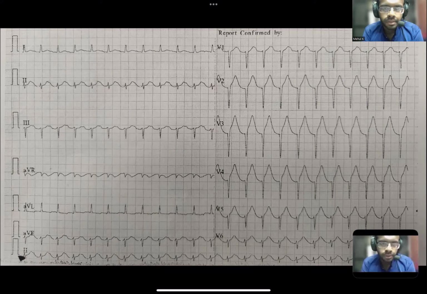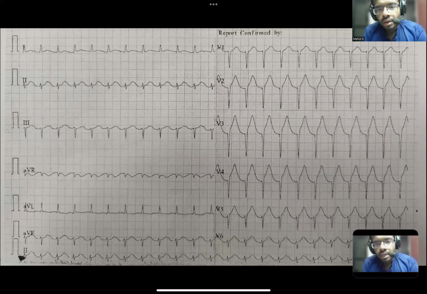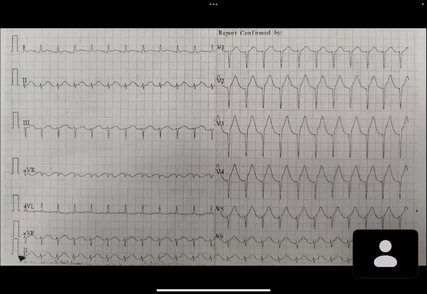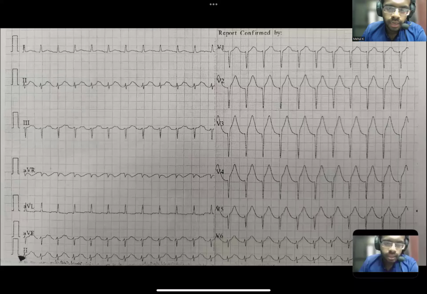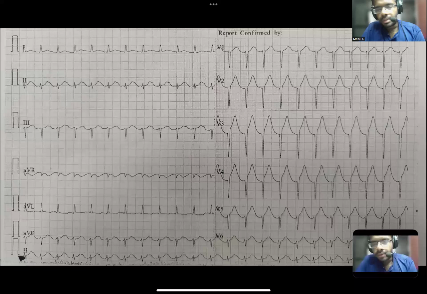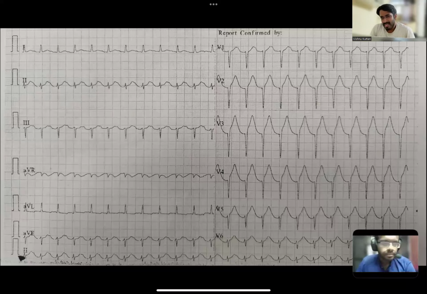But looking at V1, I don't see any biphasic P waves to suggest that this is a sinus rhythm. So I gave the benefit of the doubt that this is a PSVT.